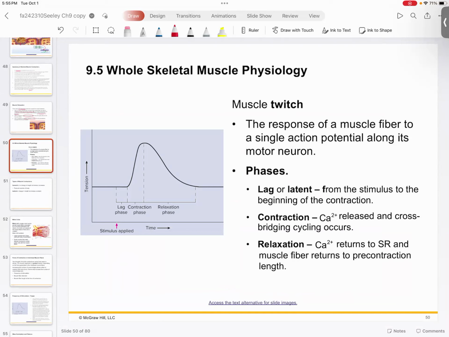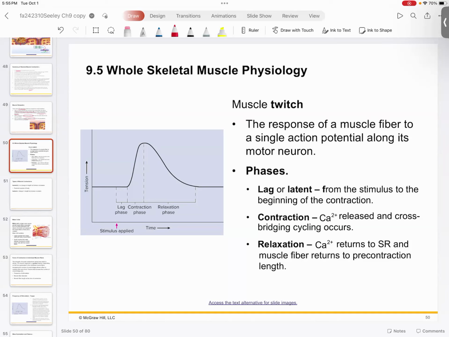So muscle twitch basically is just kind of a goofy way, in some sense, of just basically saying a muscle contraction cycle, right? So there's basically phases of the muscle fiber, and its contraction response to a particular stimulus, right? So you get a single action potential along a motor neuron, and basically you have a couple of phases.